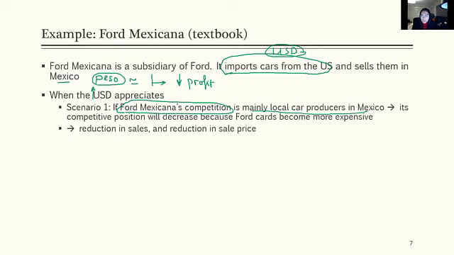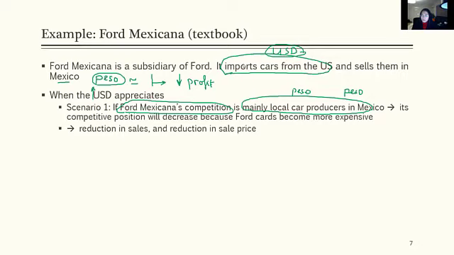My competitors, on the other hand, source inputs from their local Mexican market and they sell to Mexican consumers, okay? So their expenses are in the pesos and their income is also in the peso. So in this case, do we think that our competitiveness will increase or decrease?